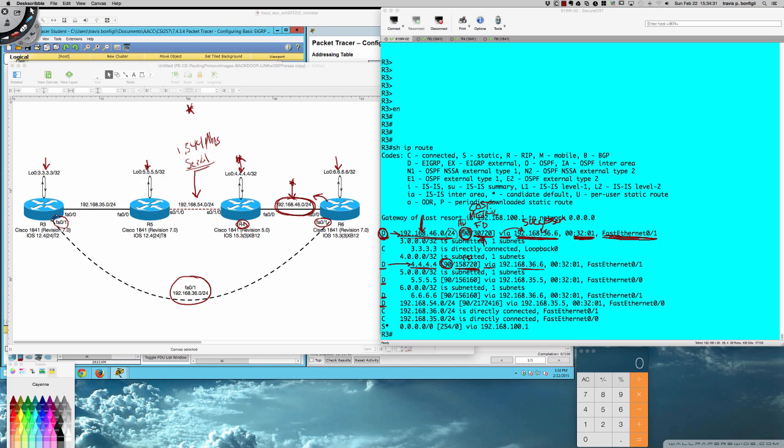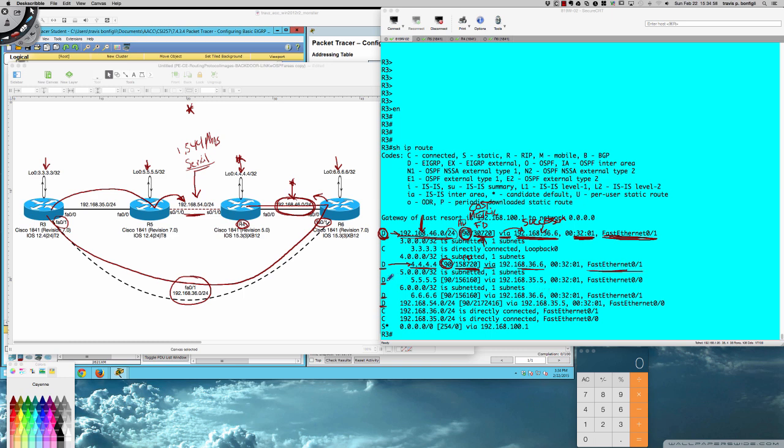It's less of a cost for me to go from 3 over to 6 to 4 than it is to go from 3 to 5 across this serial link, which is going to have a much higher cost. So again, this is telling me which way I'm going to go, and it's going to be out my FastEthernet 0 interface.